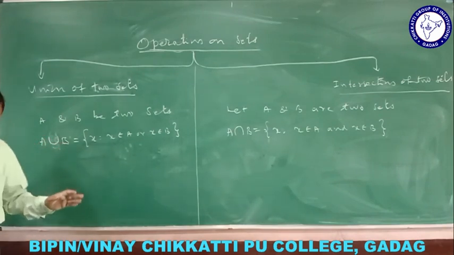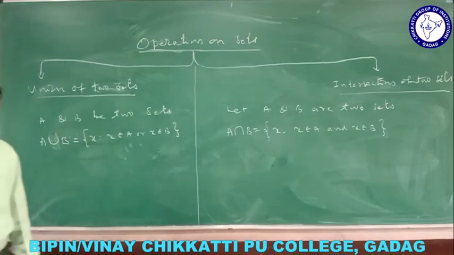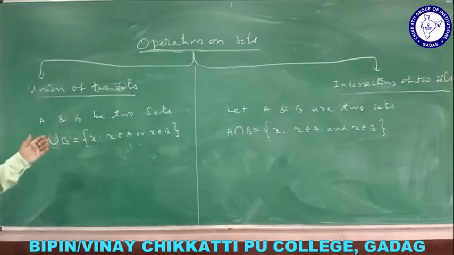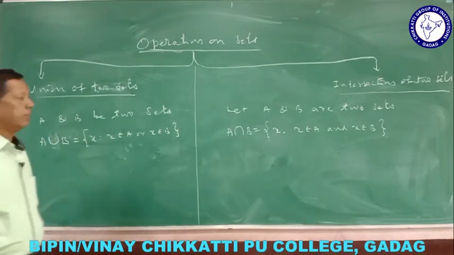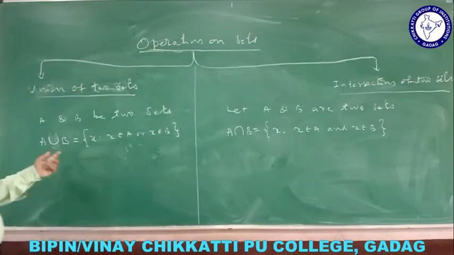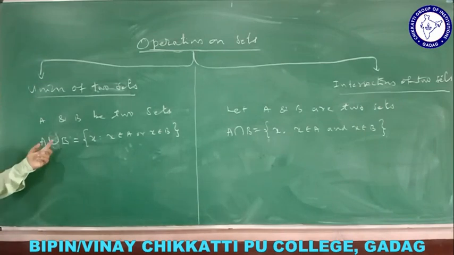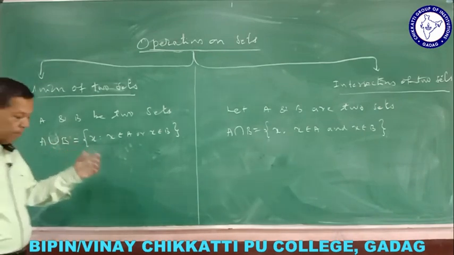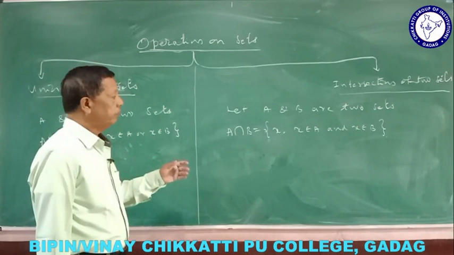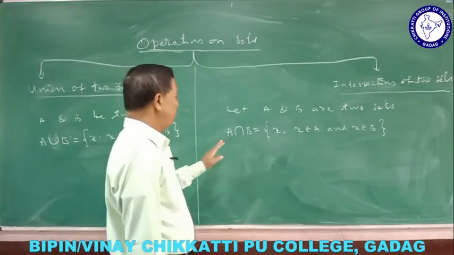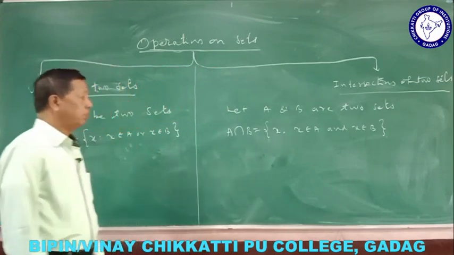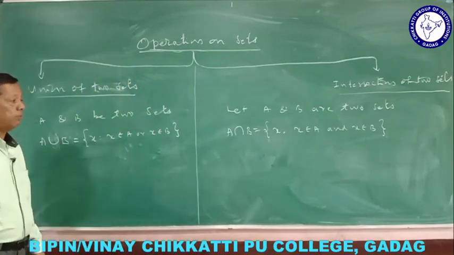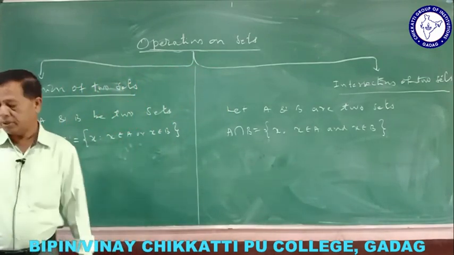Union means all the elements of A and all the elements of B, and common elements taken only once. Whereas in intersection, the elements must be common to both, in A and also in B, and that is called the intersection.